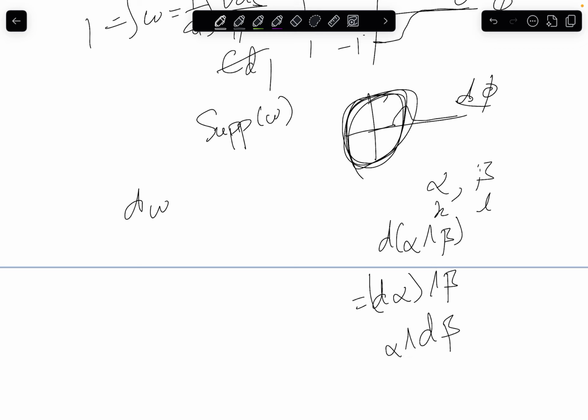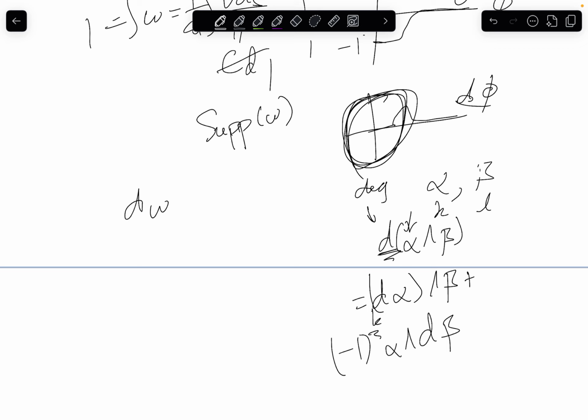But you get a sign over here, which is -1 to the power of K. The point is that this comes from the fact that you have to move d, which is a degree 1 object because it increases the index by 1, across these K guys.